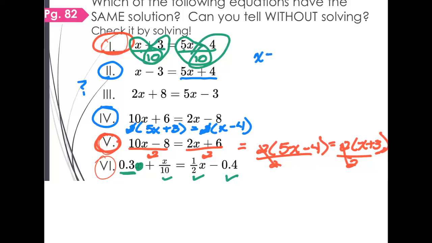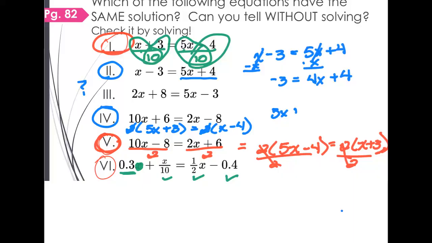So if I said x minus 3 equals 5x plus 4 and try to get all my variables to one side, again, you have to do a little bit of finagling here. You would get negative 3 equals 4x plus 4 over here. Moving it to the other side, 5x plus 3 equals x minus 4. I guess I need to do a little bit more. Subtract x.